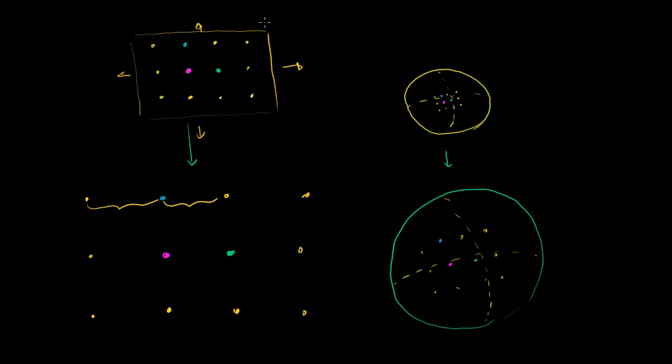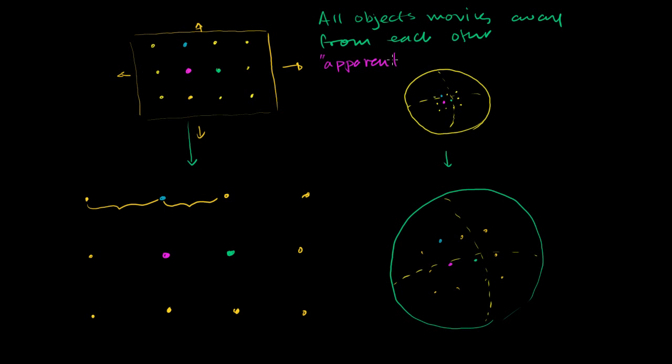All objects moving away from each other, and the apparent relative velocity is proportional to distance.